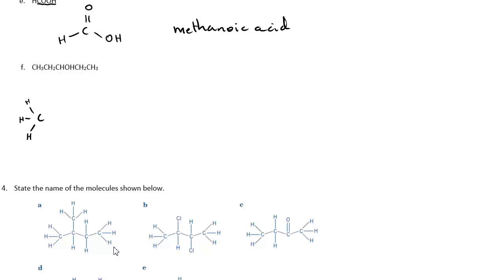So CH3, CH2, CH, and then this OH must be coming off here because we don't have enough bonds there. And it's important to bond this carbon to the oxygen, not the carbon to the hydrogen, okay? Because the hydrogen's coming off the oxygen, so that's important when you're drawing it.